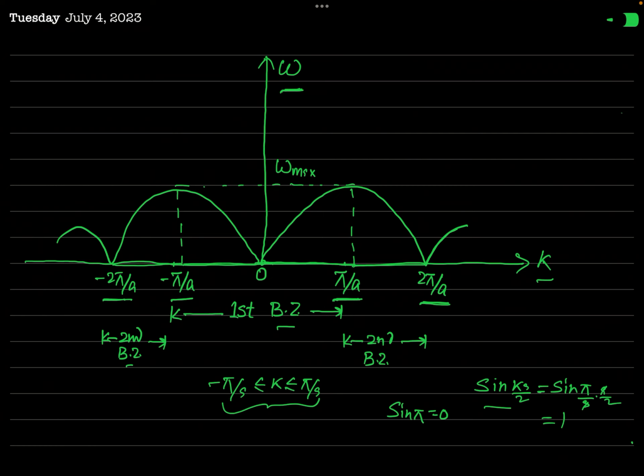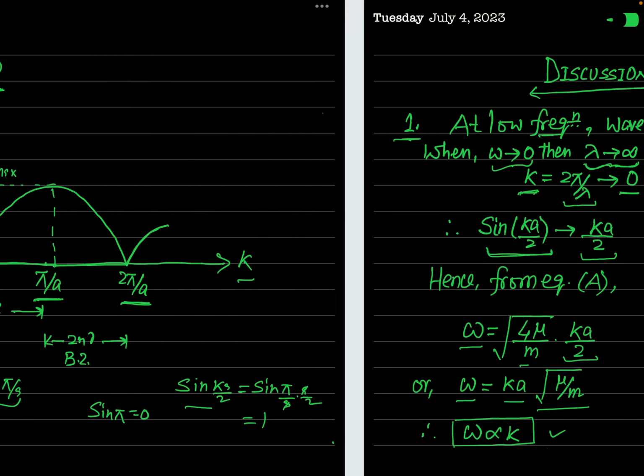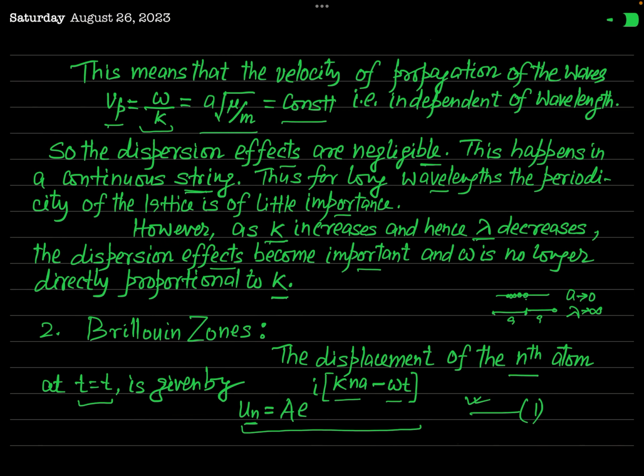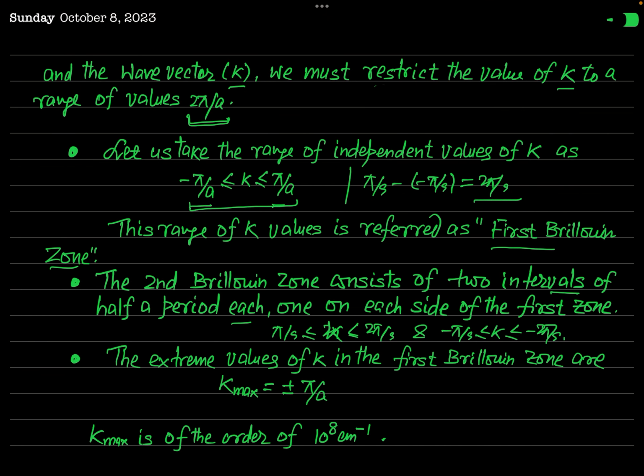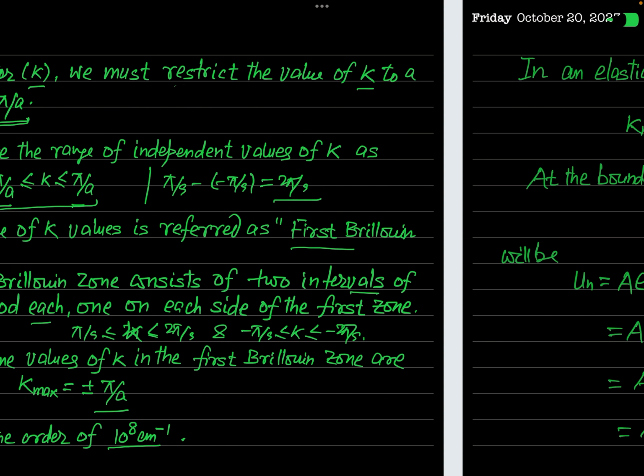So the maximum value of k at the boundaries of this first Brillouin zone is plus minus pi over a. And this k max is actually of the order of 10 to the power 8 centimeter inverse. Something will be multiplied, so k max is of this order.